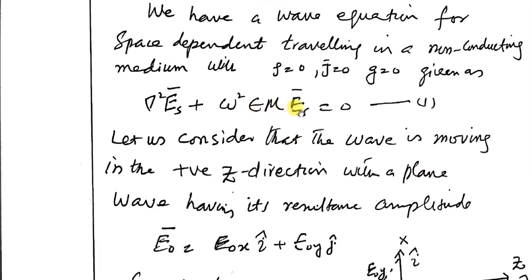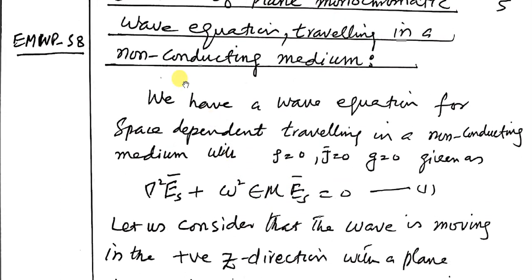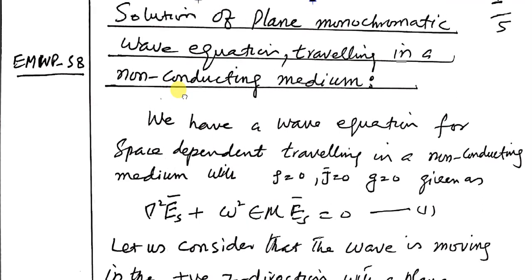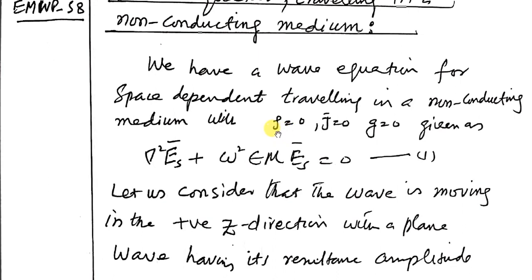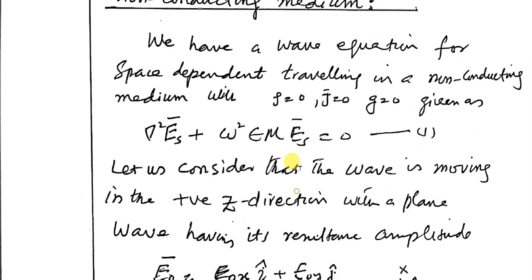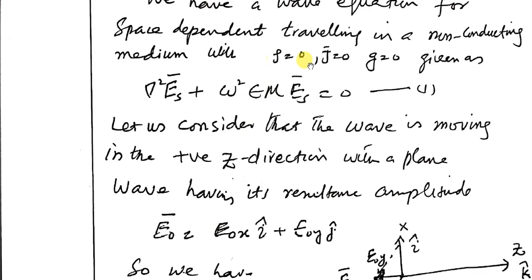Time dependent part is not considered. Since we are considering here the non-conducting medium, we take that the volume charge density rho is 0, the current density is 0, and also the conductivity is 0 in the medium.